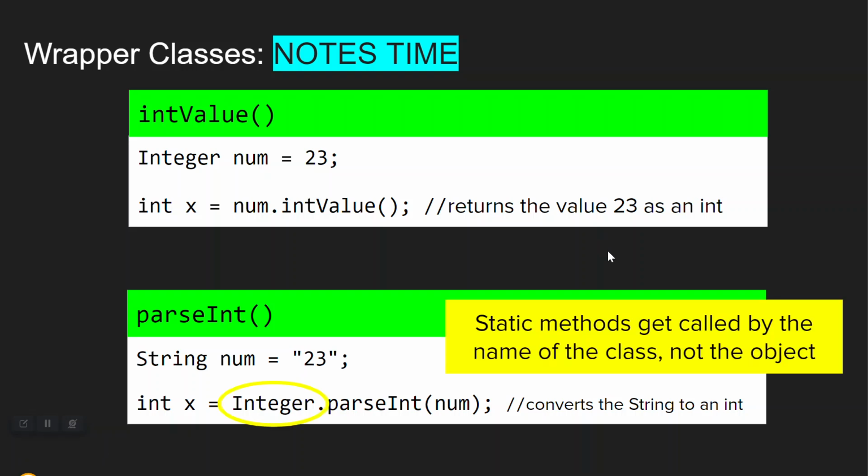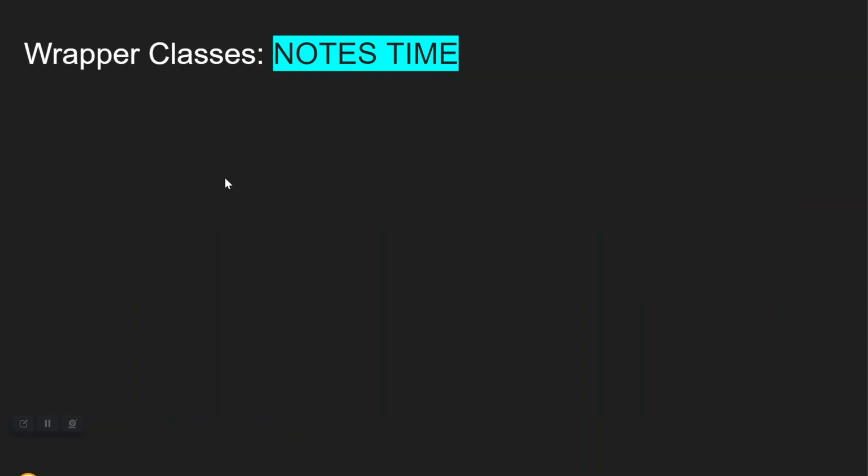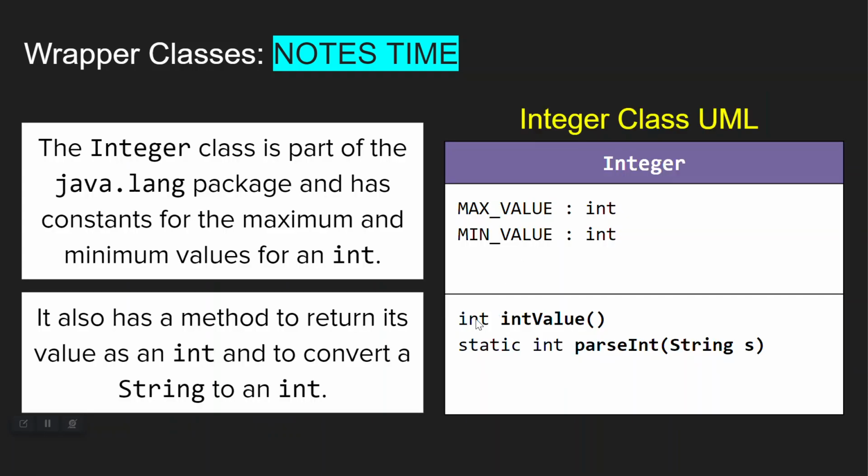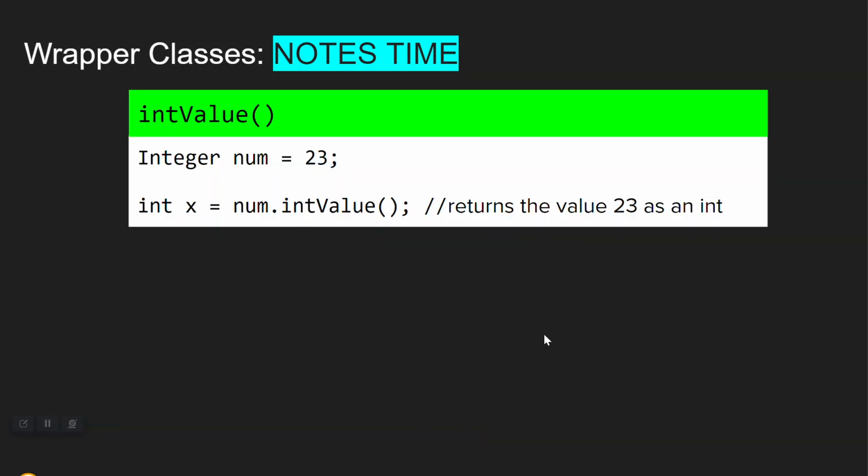And remember that static methods get called by the name of the class, not the object. So let's back up really quick. intValue is a normal method, so that gets called with an object. Down here, we create an integer object called num, and we call it with the integer object num.